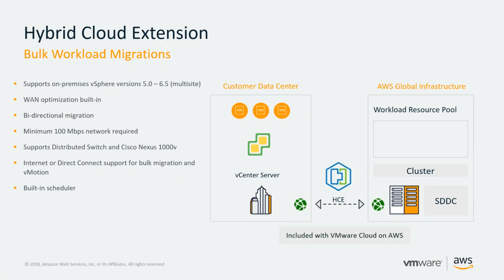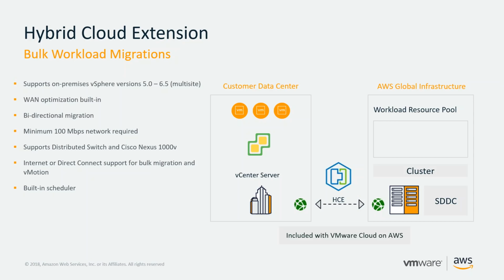Hybrid Cloud Extension really is a bulk migration tool. What's really nice about it is that it's traffic engineered, WAN optimized. It allows for migration from really any vSphere-based environment to any vSphere-based environment, down to version 5.0, which is pretty old, so it should be compatible with whatever deployment you have.